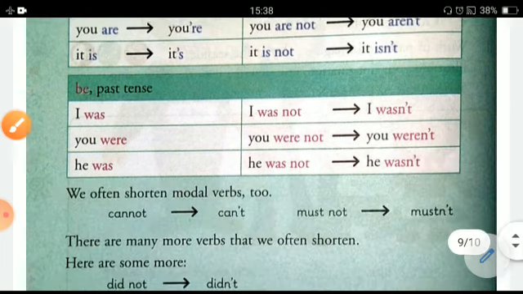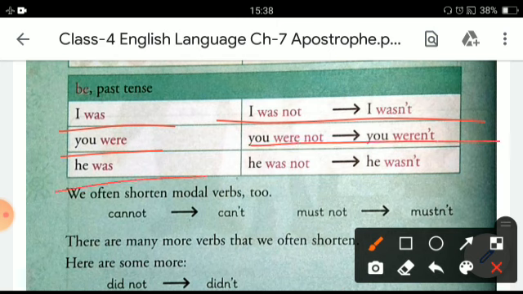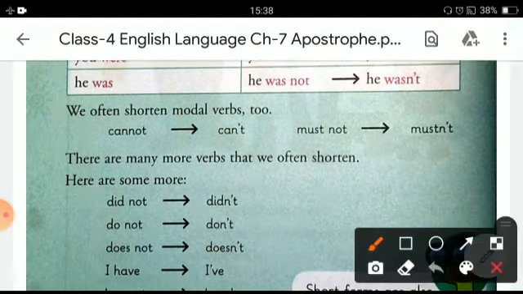Be in the past tense can be written as I was not, I wasn't, you were not, you weren't, he was not, and he wasn't.